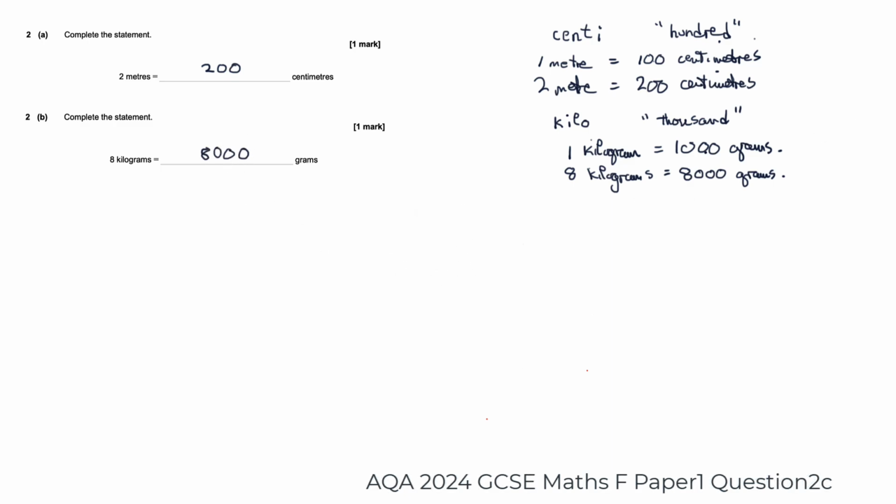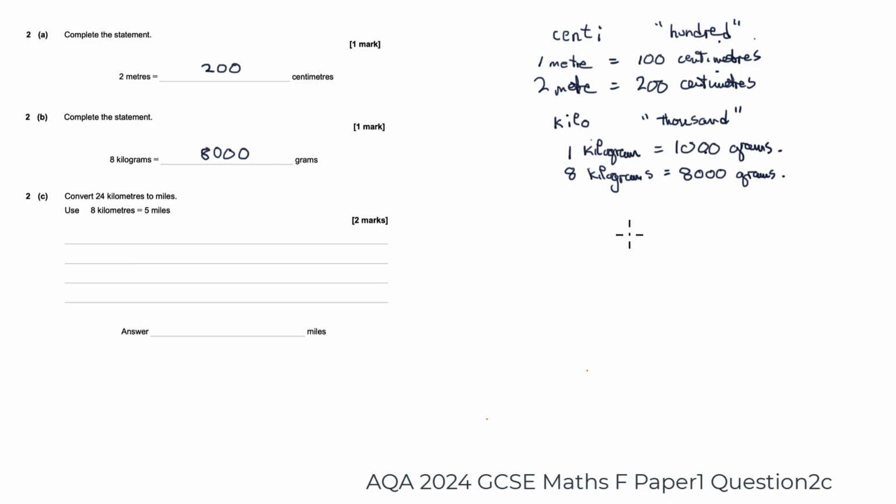Now let's finally move on to part C in this question. It's another conversion. We're asked to convert 24 kilometres into miles, but we're given the fact that 8 kilometres is equal to 5 miles.